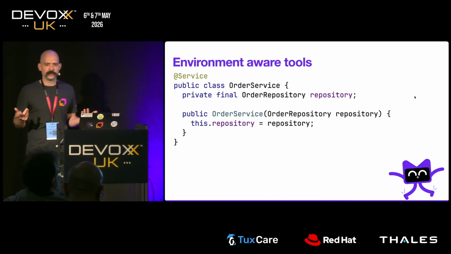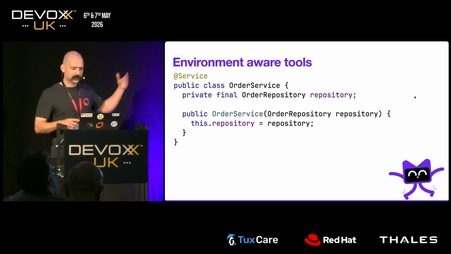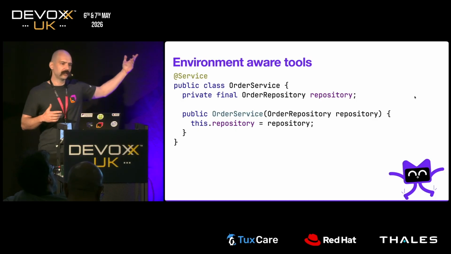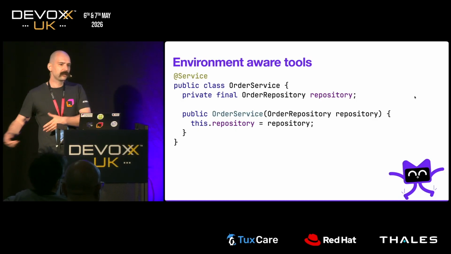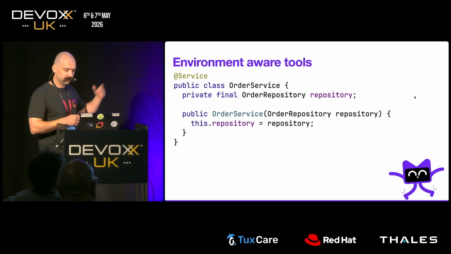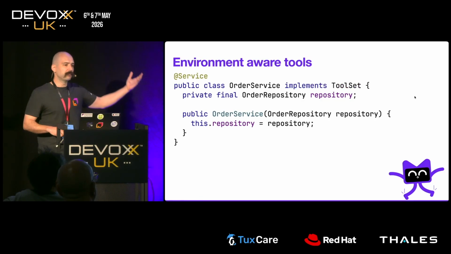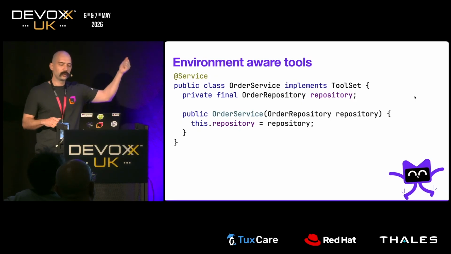So to our existing code, you might have some Spring service like this, and it has some dependency, right? Because, well, my previous function already showed it, right? Most of our code, to be useful, relies on dependency, so it needs to be able to participate in our existing infrastructure, right? So here we have an order service. And to make this class available to Koog, we need to implement the toolset interface.